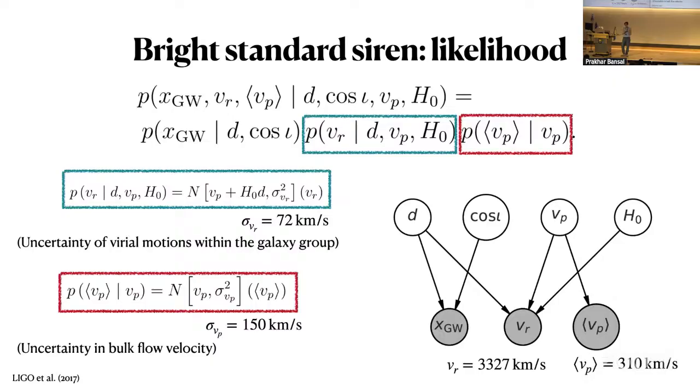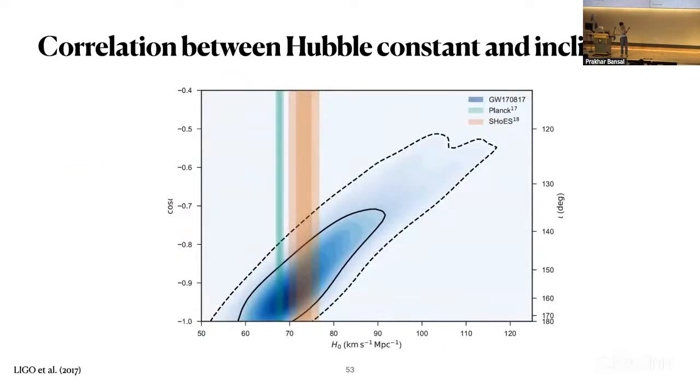That's just because the group this galaxy is in happens to be moving towards the Great Attractor. We've only had one example for gravitational waves, but most galaxies don't have such a large peculiar flow. So that's pretty much how that works.